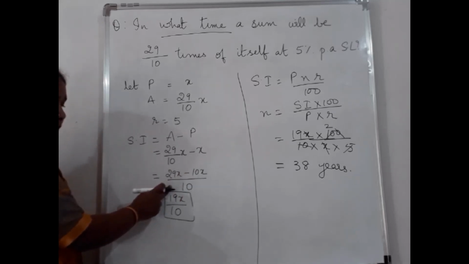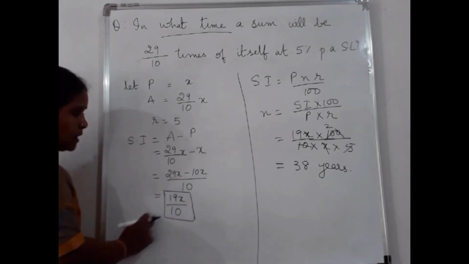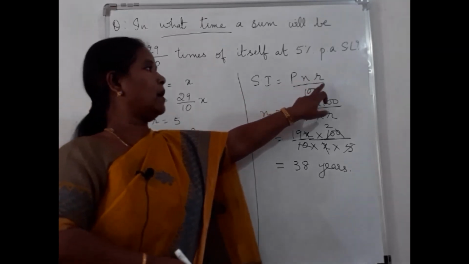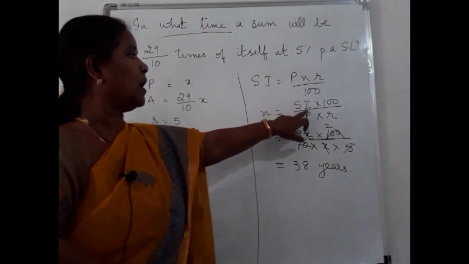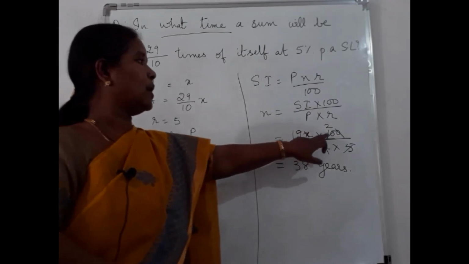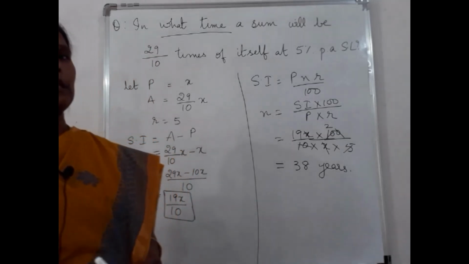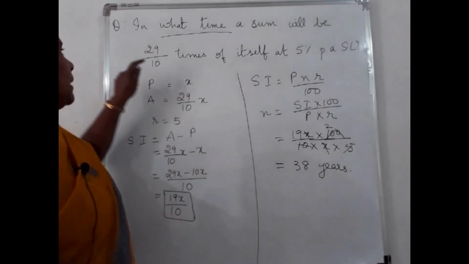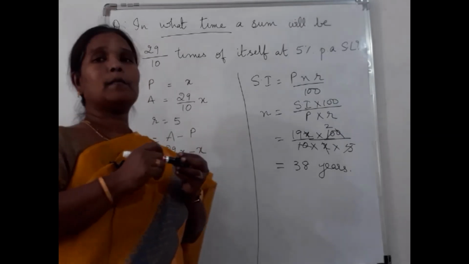Taking LCM, it becomes 19x by 10. Now substitute the values: N is equal to simple interest into 100 by P into R, which is 19x into 100 by 10 into x into 5, that is 38 years. That means in 38 years a sum will become 29 by 10 times of itself at 5% per annum simple interest.